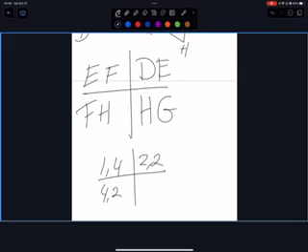Now you are allowed to use your calculator. And your answer becomes 6.6. Correct. And now you have to do FG.